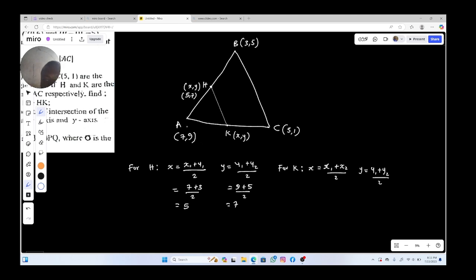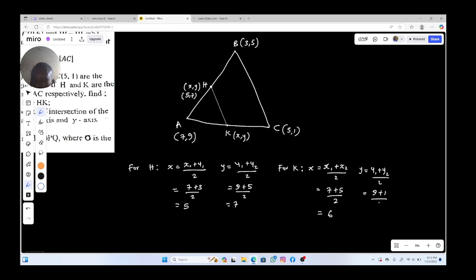So we're talking about A to C. That's where we can find this K. So let's get the x-axis. It's going to be 7 plus 5 divided by 2. That's going to give us 6. Am I correct? Yes, 6, because 7 plus 5 is 12, and 12 divided by 2 is 6. Then for the y, 9 plus 1. So here is going to be 9 plus 1.